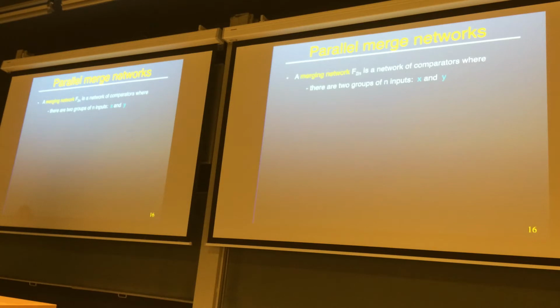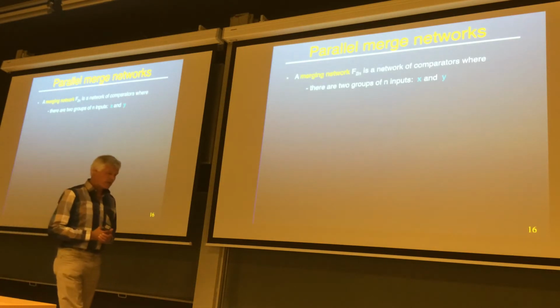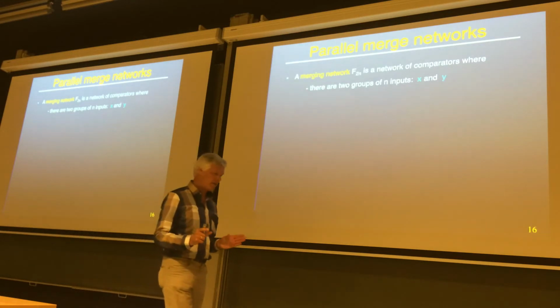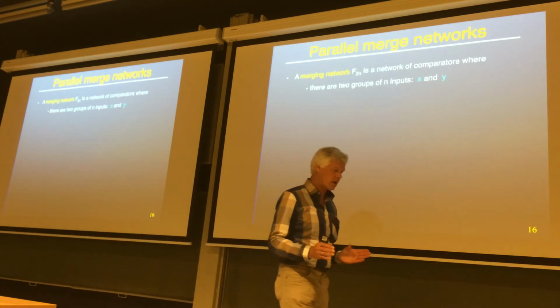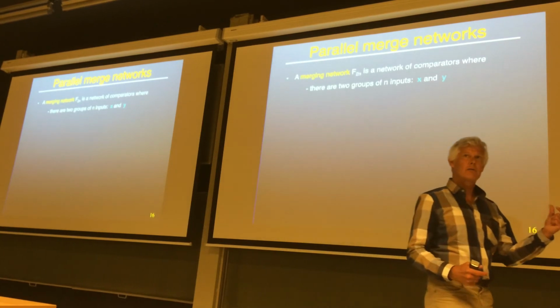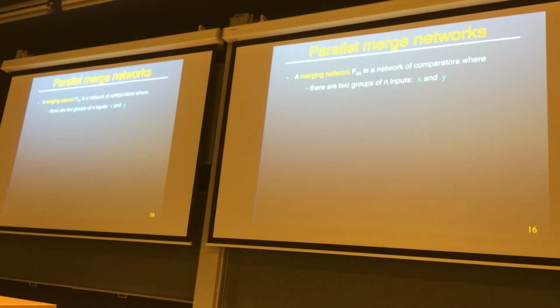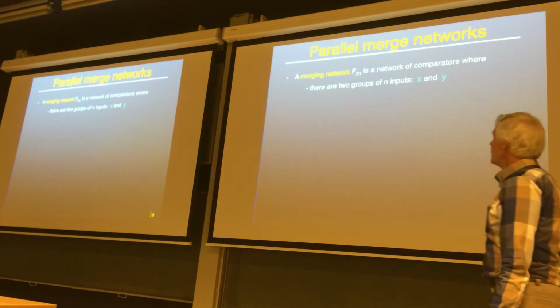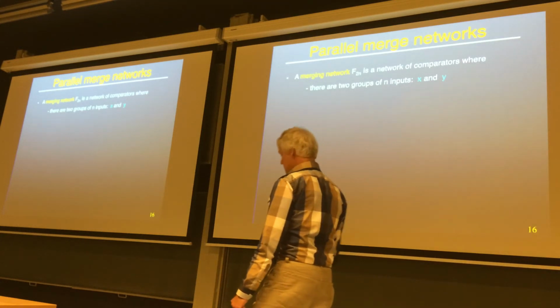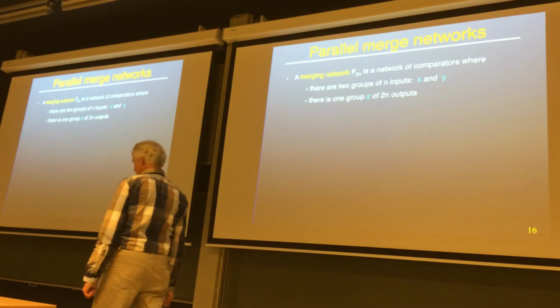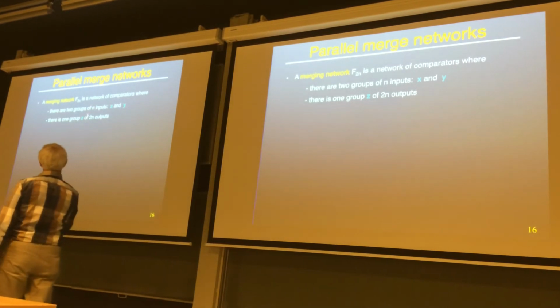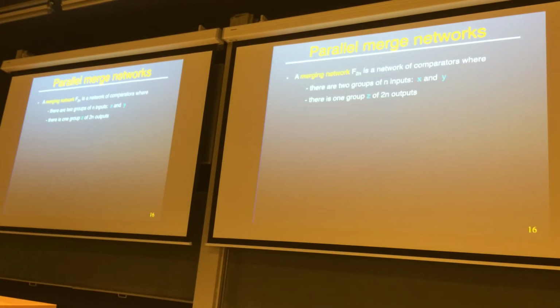What's the idea here? What we would like to do is the following. We would like to invent a network that's capable of taking two sorted inputs and merging them to one sorted sequence. So we have two groups of n inputs, x and y, and we have as output a group of 2n numbers.